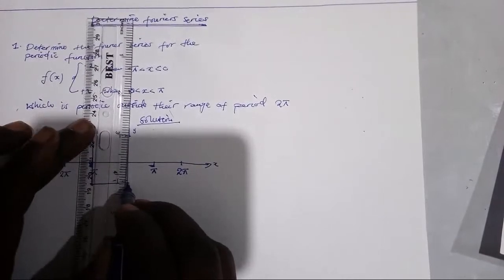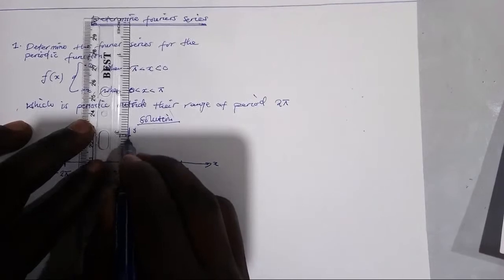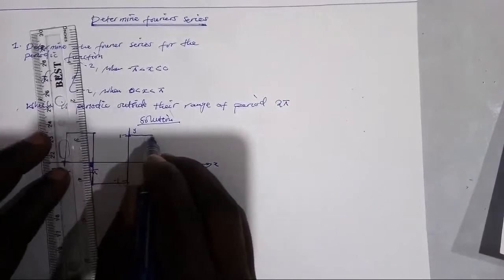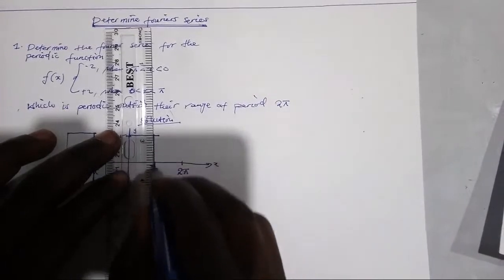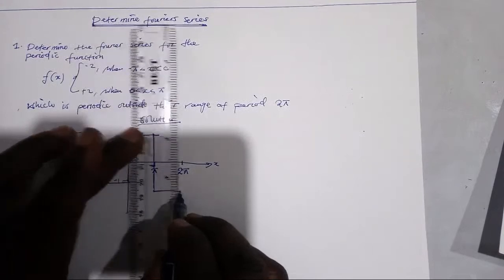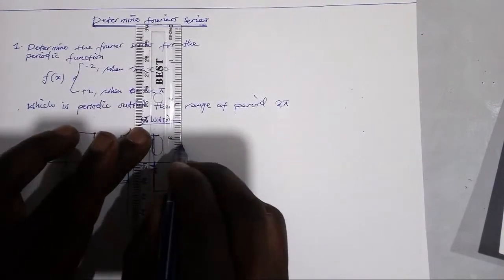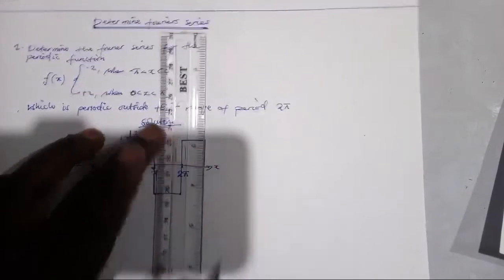Then you follow it up to where 1 is, then you make another corner. Then at pi, you make a corner, and another at 2 pi. This is how the graph should look.